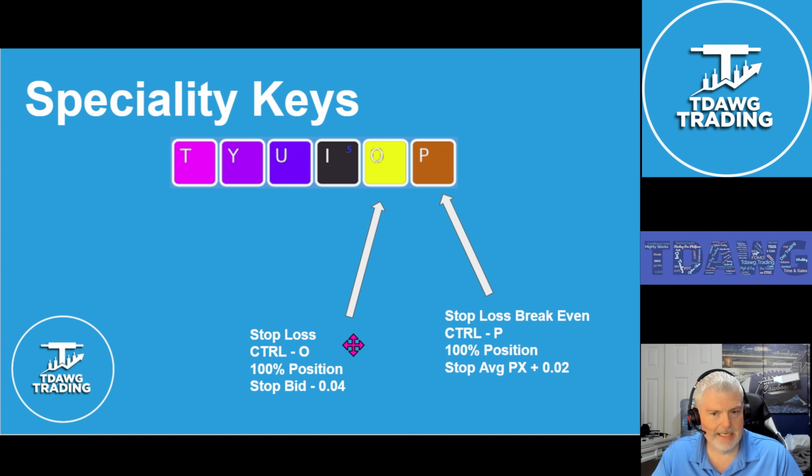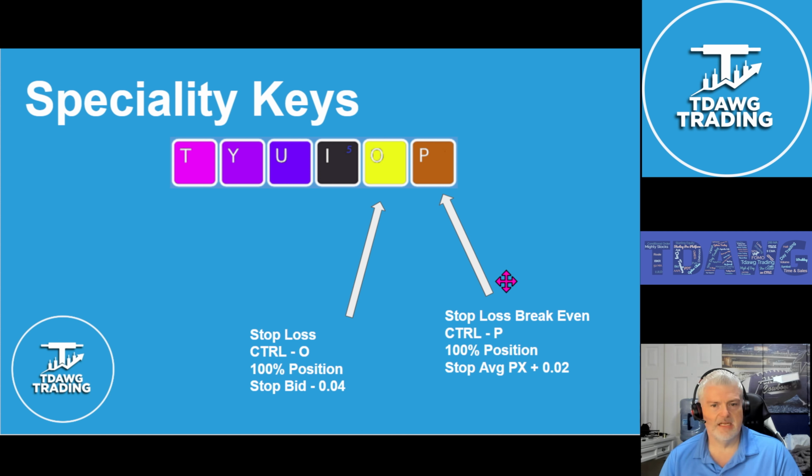And my Control P key, I use that a lot when I'm building a position and seeing positive movement. Let's say I have a 6,000 share position on a stock where I've got a 10-cent profit right now, but I think there's going to be a 75-cent move. I'm getting close to a daily level, and I think there's a huge opportunity here.